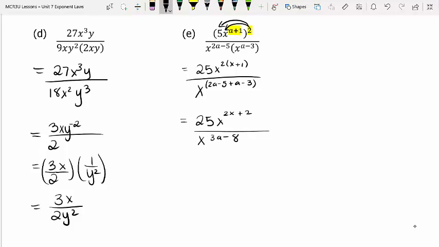Okay, now the last thing we want to do is divide x to the power of 2a plus 2 by x to the power of 3a minus 8. And just one little mistake. My x's should be a's.